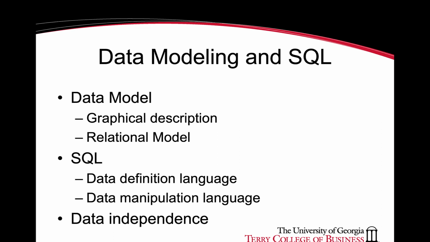SQL is a language that allows us to take the data model that is built and make it real. In a way, concretize it through programming into a database system.